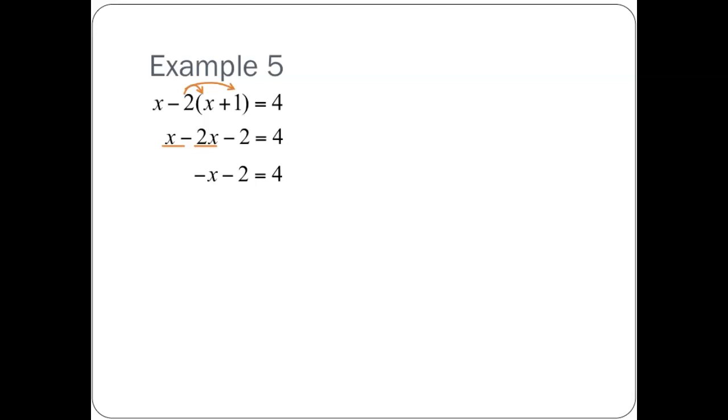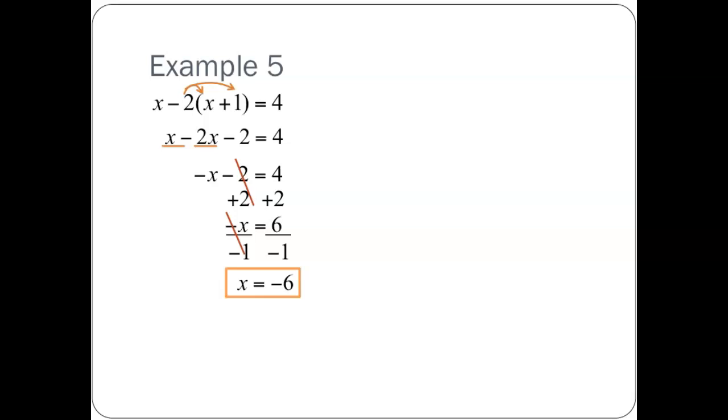And now we can add 2 to both sides. That leaves us with negative x equals 6. Now, we still have a negative in front of the x. It's implied that there's a 1 in front of the x, so pretend this is a negative 1x. That means to get x by itself, I'm going to divide both sides by negative 1. So the negatives will cancel off of the x, so now I have x equals negative 6 for my answer.